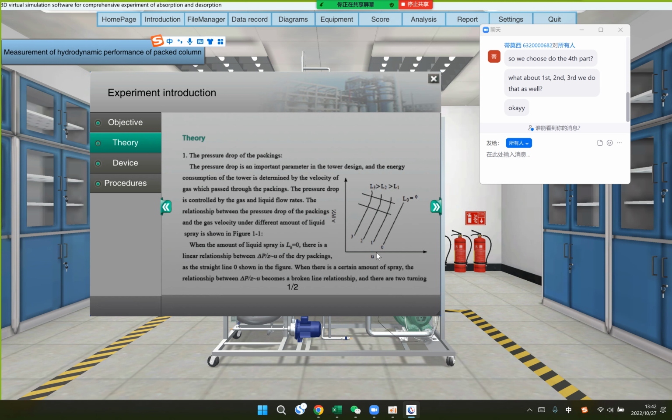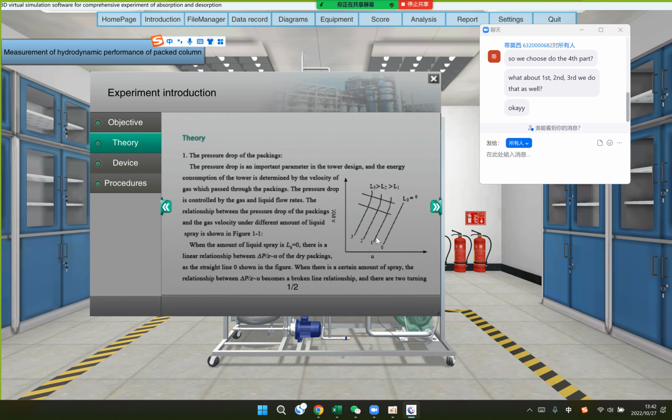As we increase the flow rate of the gas, the pressure drop of the tower will increase. If there is no liquid, the pressure drop and the flow rate of the gas have a linear relationship.